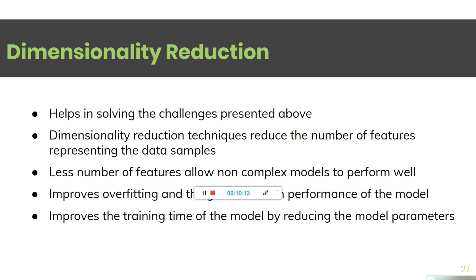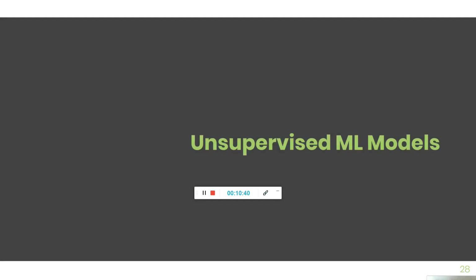You cannot use these models with high dimensional datasets. By reducing the number of dimensions, you open the ability to leverage simpler models that are not prone to overfitting. It also improves the training time, as fewer features mean fewer model parameters to tune in order to achieve convergence.